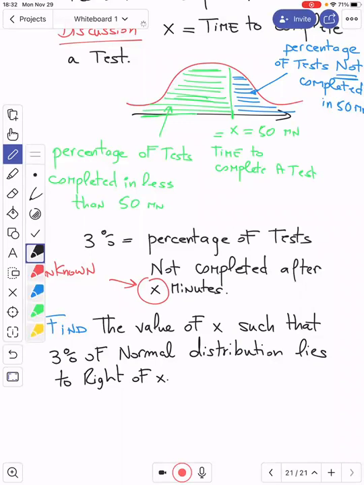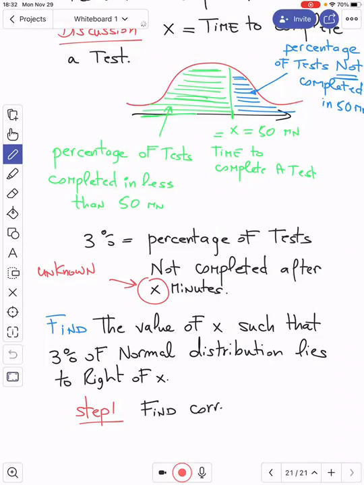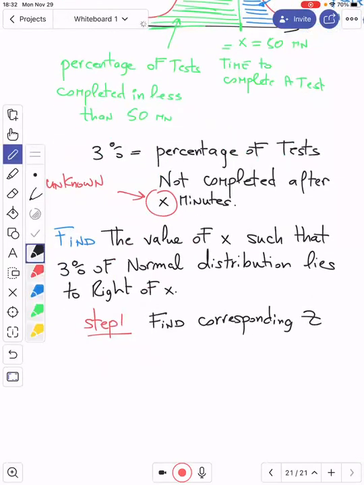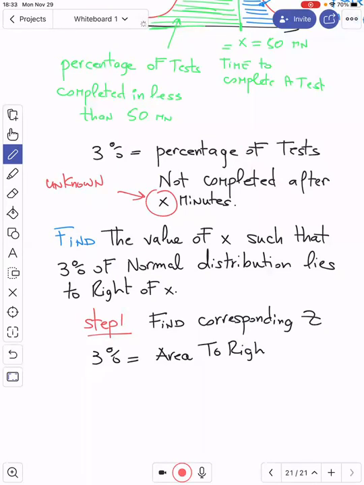As a first step, we need to find the corresponding z. We said this is 3%, the area to the right, so the area to the left will be 1 minus 3%, so that's 97%.